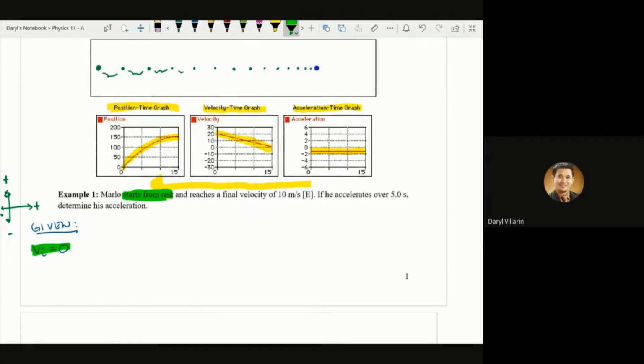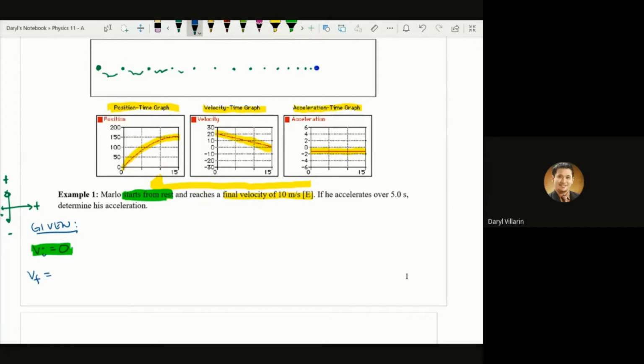That particular phrase will give you the initial velocity. And although it's quite clear here that the final velocity is given, take note that the final velocity is 10 meters per second east.